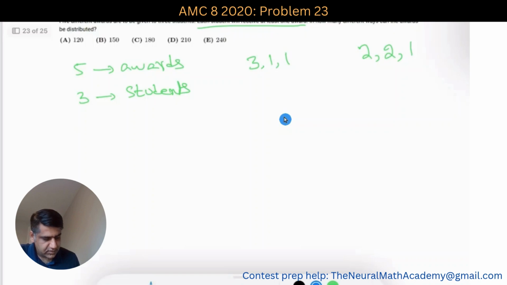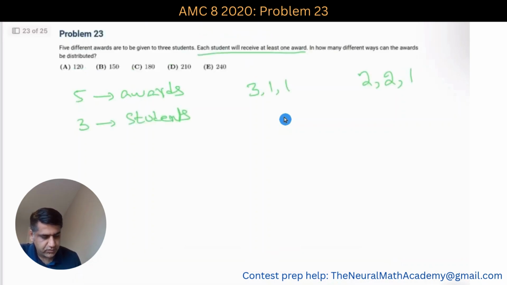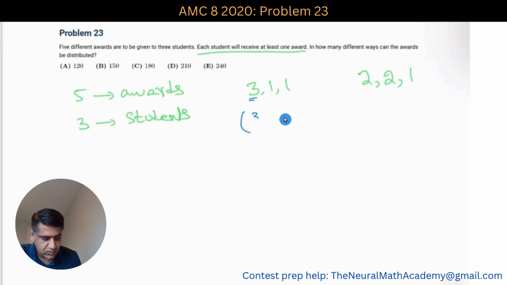So now let's find the number of ways for each of these test cases. Since at the beginning 3 awards are available to all 3 students, that is 3 choose 1, and since there are total 5 awards and choosing 3, now 2 awards are left and 2 students are left. So it means there are only 2 ways that the awards can be distributed to them.